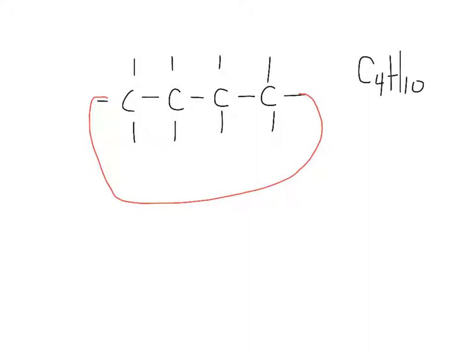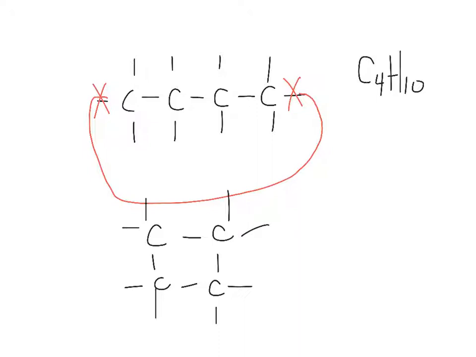Therefore, in order to do that, you've got to get rid of that H and that H. C4H8. Same thing for pentane, right? When it becomes any of these, when they become cyclic, you've lost 2 hydrogens.